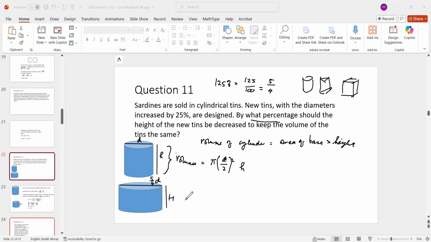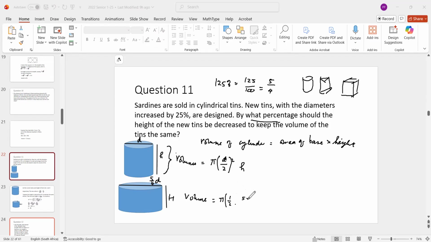Now here, the volume here is, again, but now the diameter is 5 over 4, so it's half of 5.